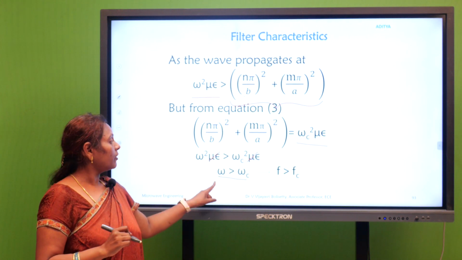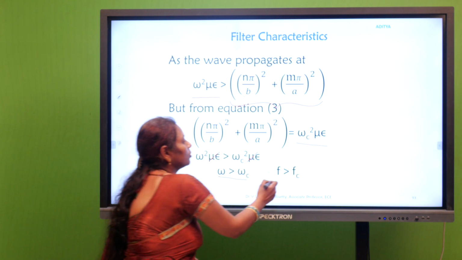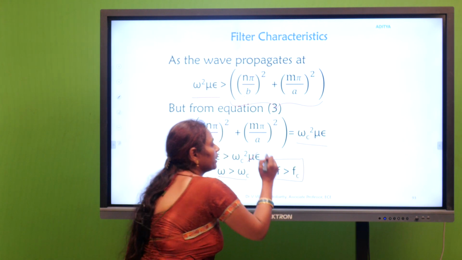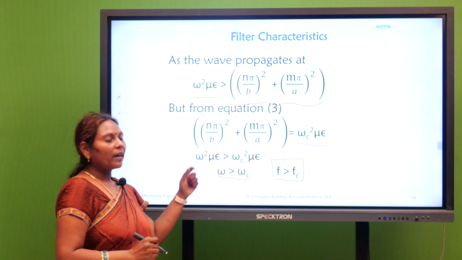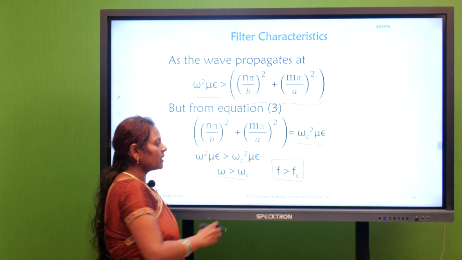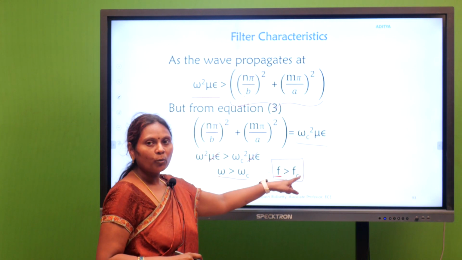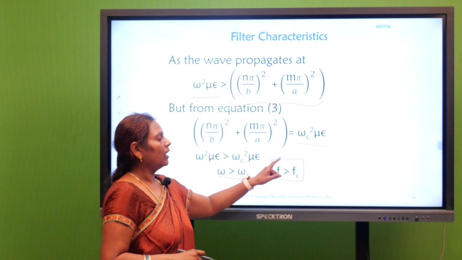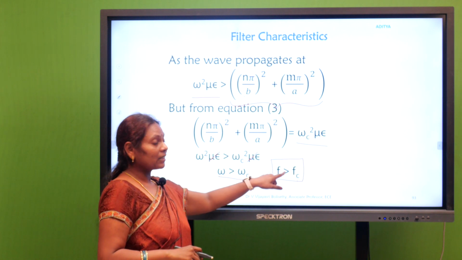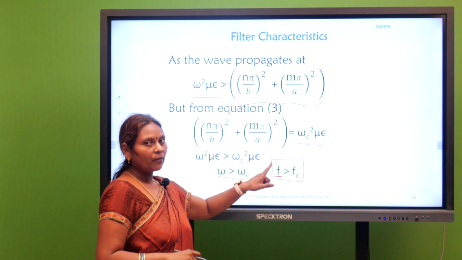That means the frequency should be greater than the cutoff frequency, so f should be greater than fc. At this condition the wave is going to propagate. That means the frequencies greater than fc are allowed to propagate through the rectangular waveguide, and the frequencies less than fc are attenuated while propagating through the rectangular waveguide.